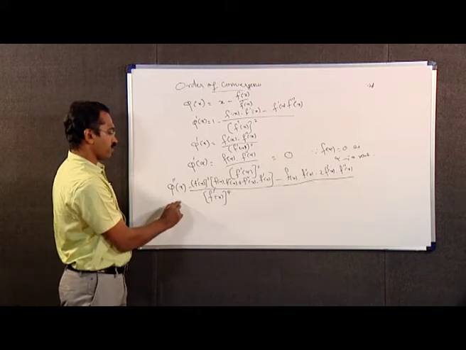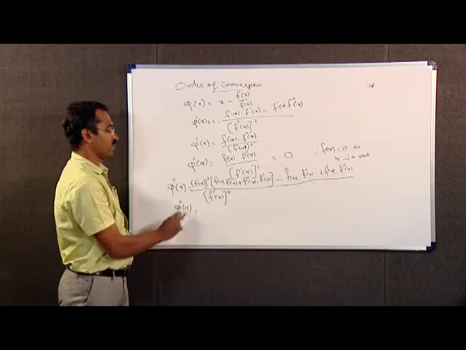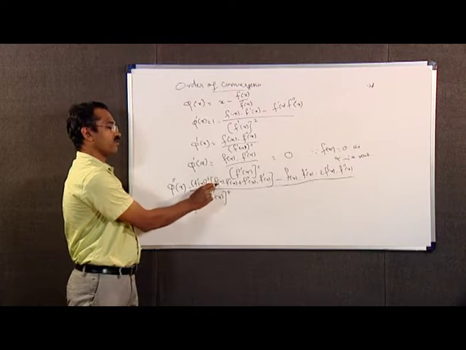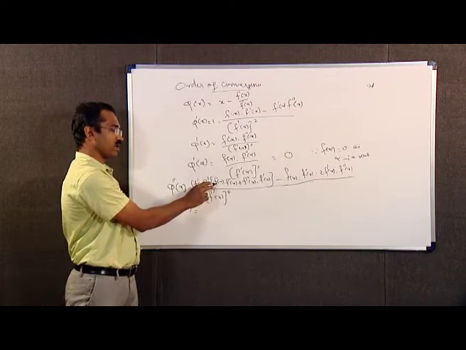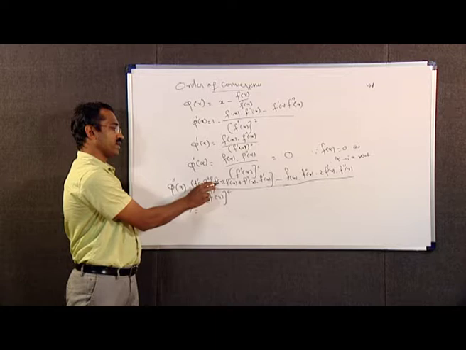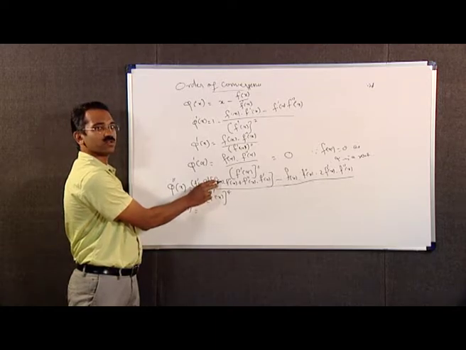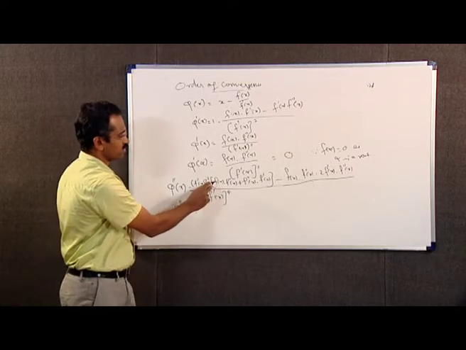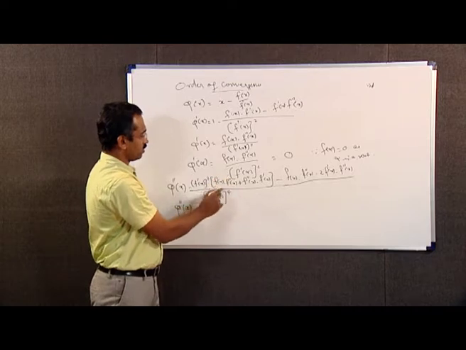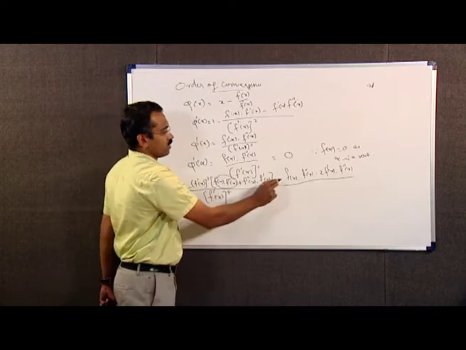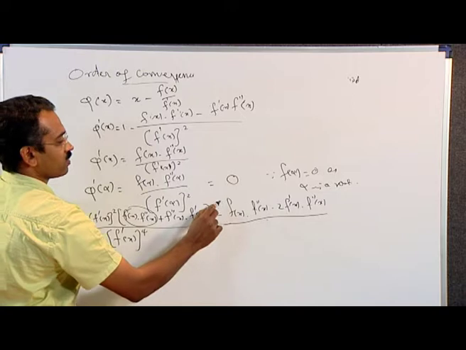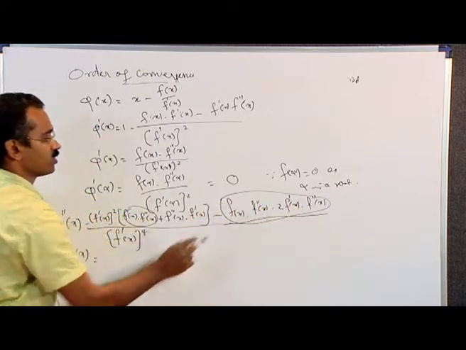Now, phi double dash of alpha. Here, if we substitute alpha, we will get f of alpha, which is equal to 0, because alpha is the exact root. That is why this term is 0. Here also f of x, this term will become 0.